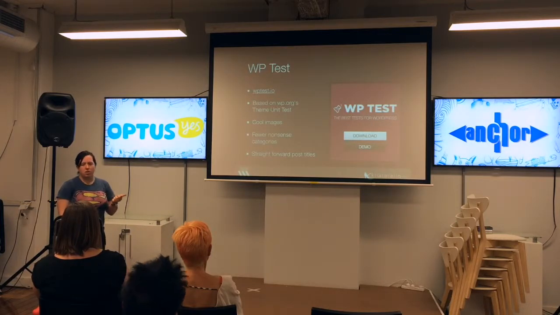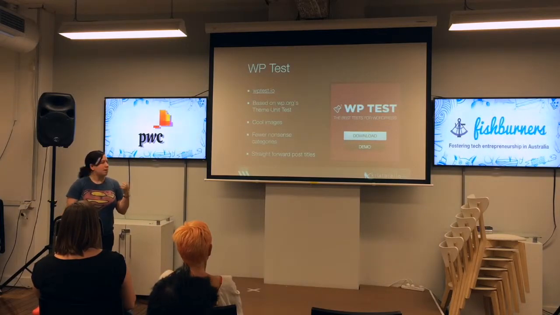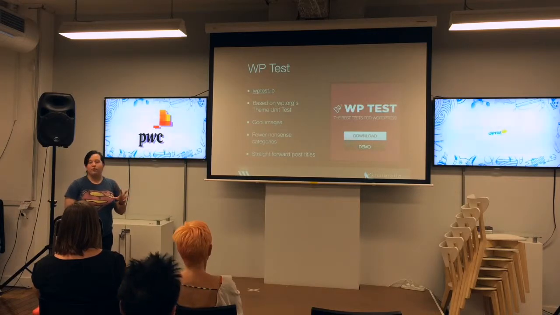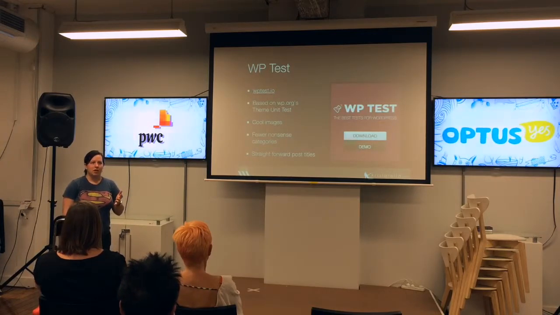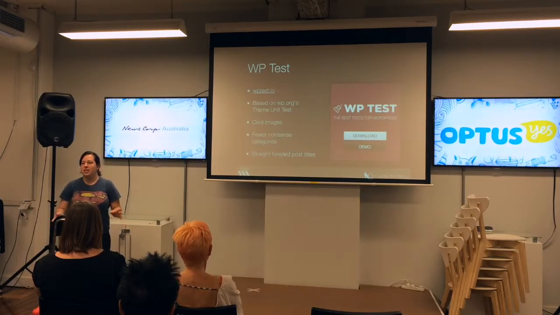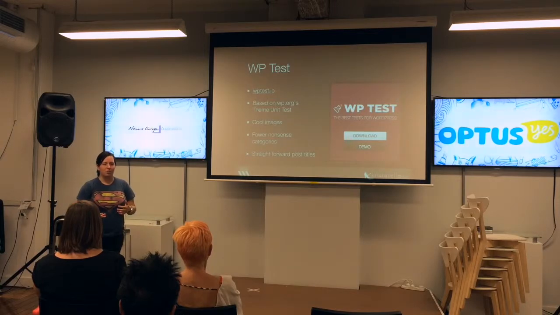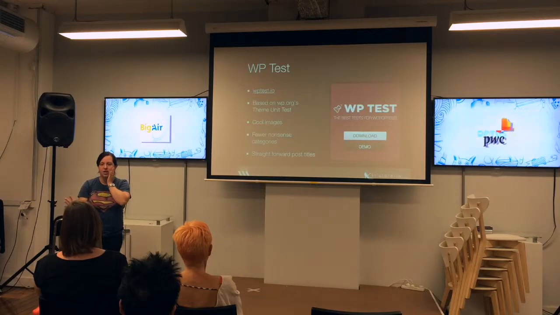The WordPress.org one has a lot of weird category names, like just random words, and I find that if I'm using it in the context of a classroom training or something, people are like, what are these weird words all over my site? I don't understand.